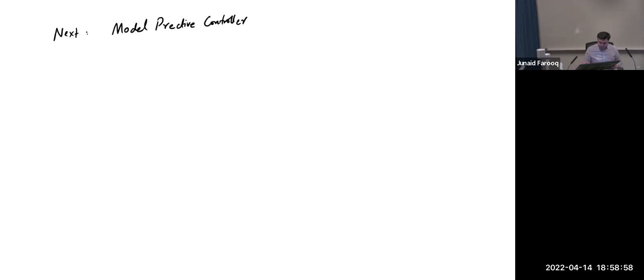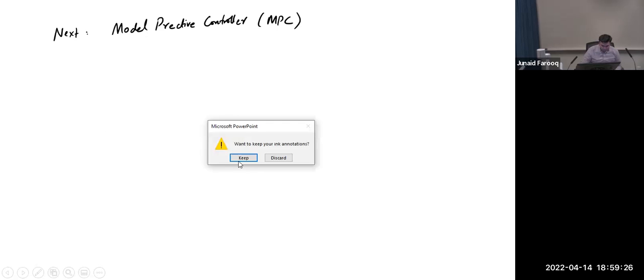But hopefully, if in the future you want to use this for your research or your projects, this is something that is very practical and people use it a lot. It's also called MPC, and we are just going to skim through it. I have a few slides that I'm going to show, so hopefully that makes it easier to follow.